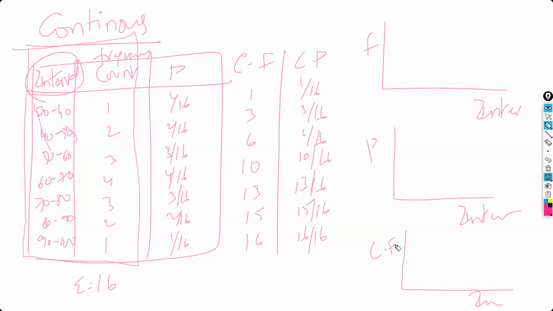The x-axis is always the distribution: for a continuous variable it is interval, for a discrete variable it is categories. If you consider the interval on the x-axis and cumulative probability on the y-axis, meaning the first column and the fifth column, it is called a cumulative probability distribution. Is the point clear? The x-axis is always fixed.